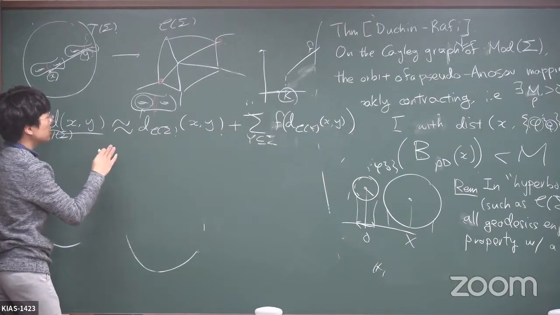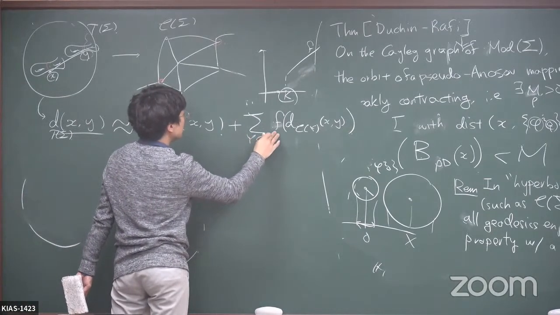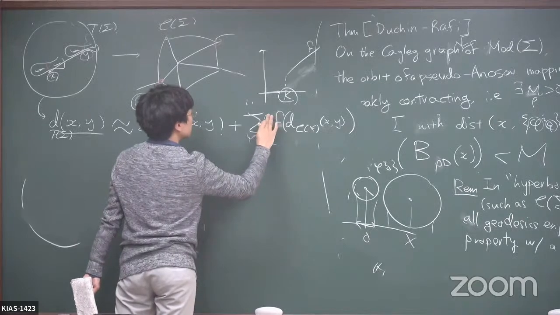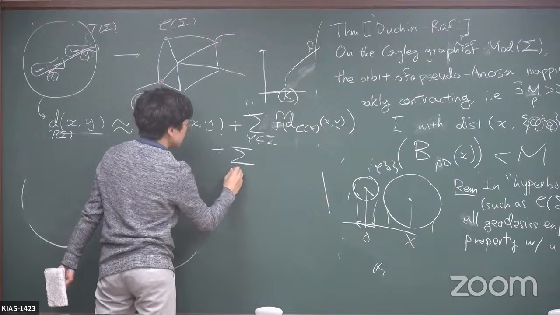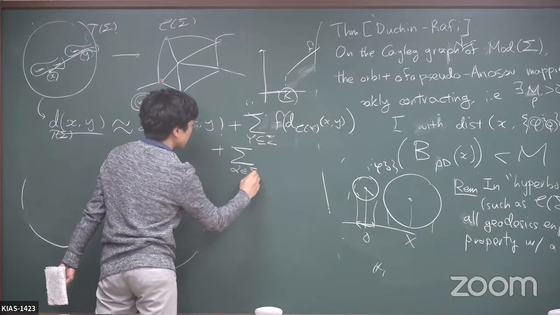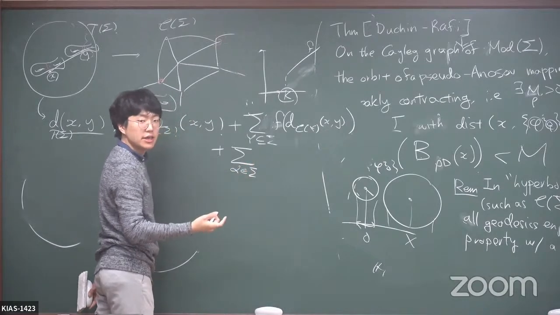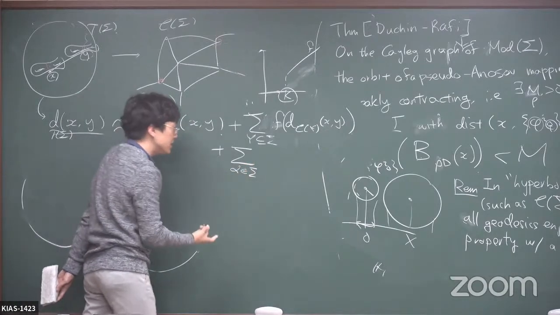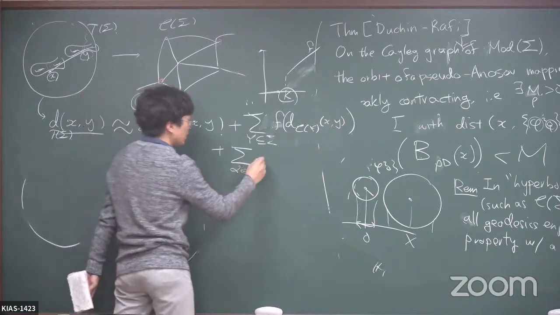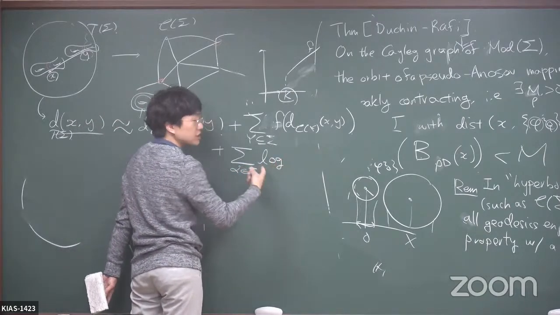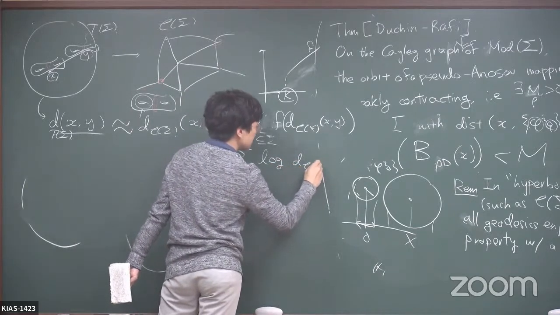Oh, sorry. Here I think this should be log. No. Plus, there's yet another term. The smallest subsurface is the annulus that you can embed in the surface. For these curves, the annulus around the curve, you have some peculiarity. This is a peculiarity for the base case, and here you require this.